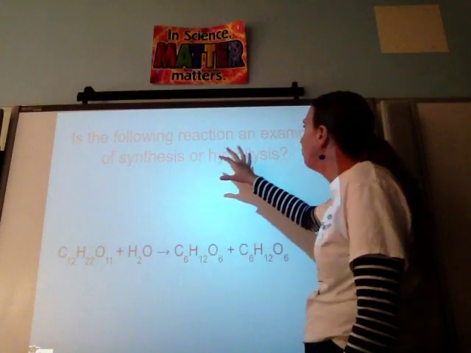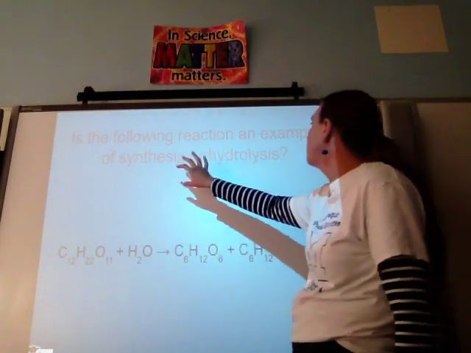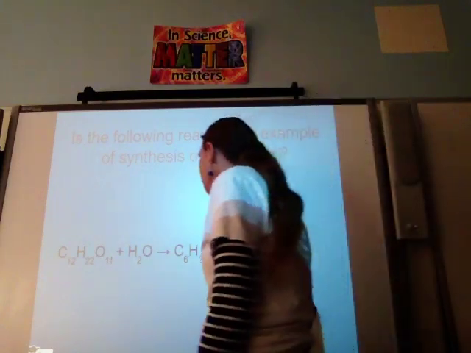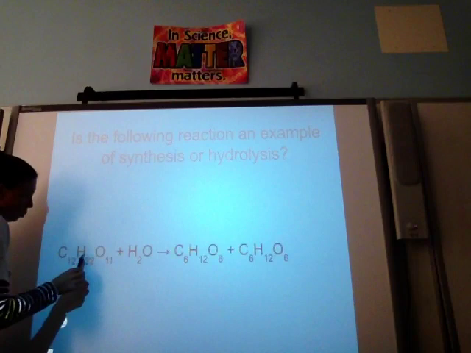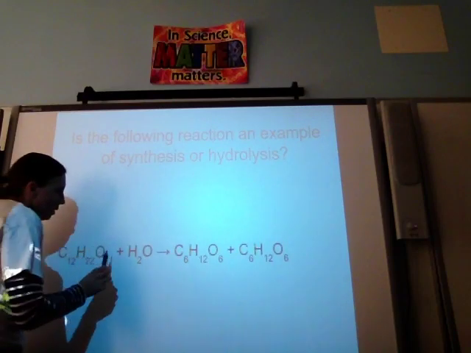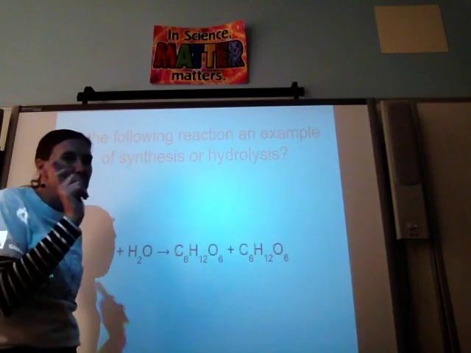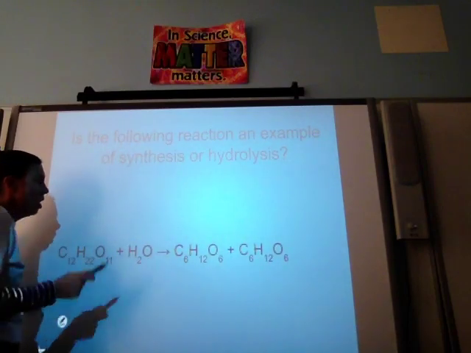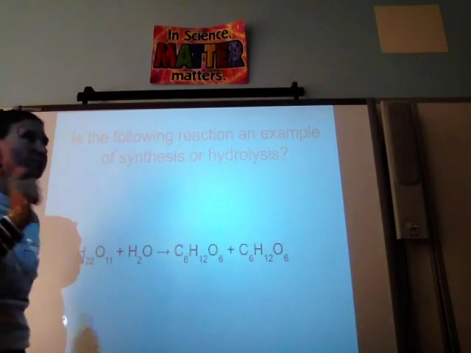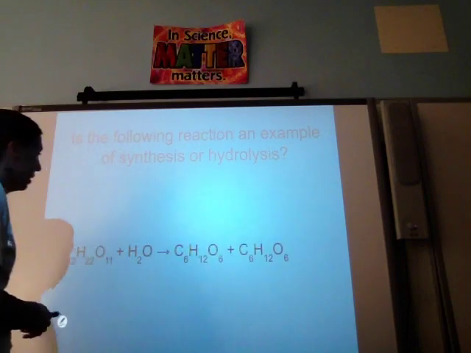Let's take a look at this final question. Is the following reaction an example of synthesis or hydrolysis? So I'm looking at these. We've got some big numbers, C12, H22, O11, plus H2O. I know what H2O is. H2O is water. So when I add water, I should be thinking hydration, hydrolysis.